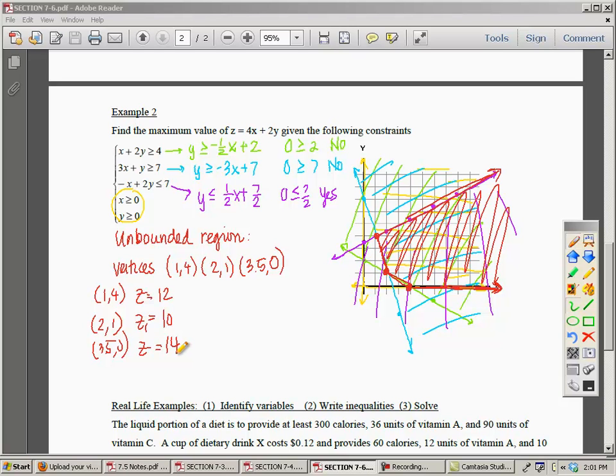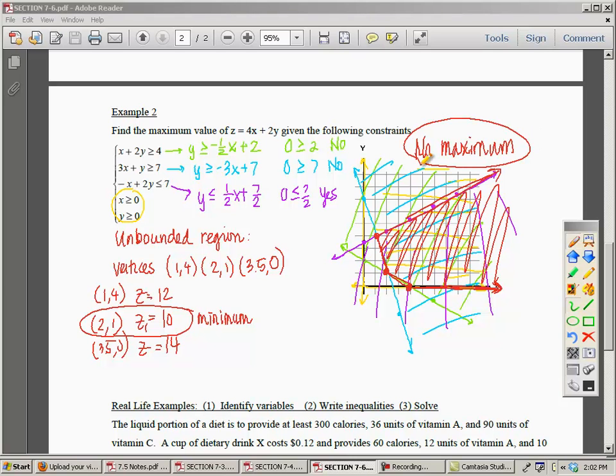Now, as I look at this, I know that a maximum and a minimum have to occur at vertices. Okay, so here I can see automatically is my minimum, but let's talk about my maximum. Because my minimum occurs, that means I have no maximum. And let's talk about why.